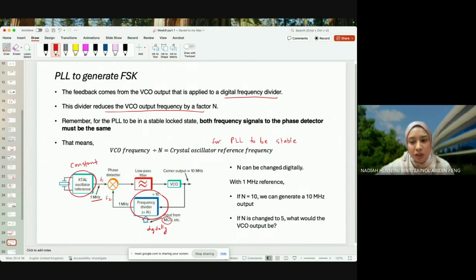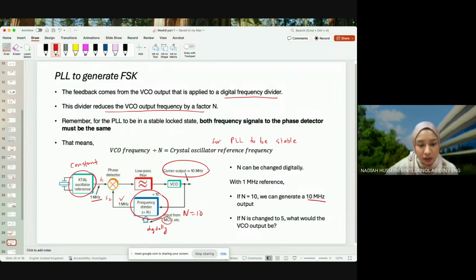So n can be changed digitally with a 1 megahertz reference crystal oscillator. If n is set to 10, we can generate a 10 megahertz output. So how does that work? n is equal to 10. This is 1 megahertz, and this guy also needs to be 1 megahertz.